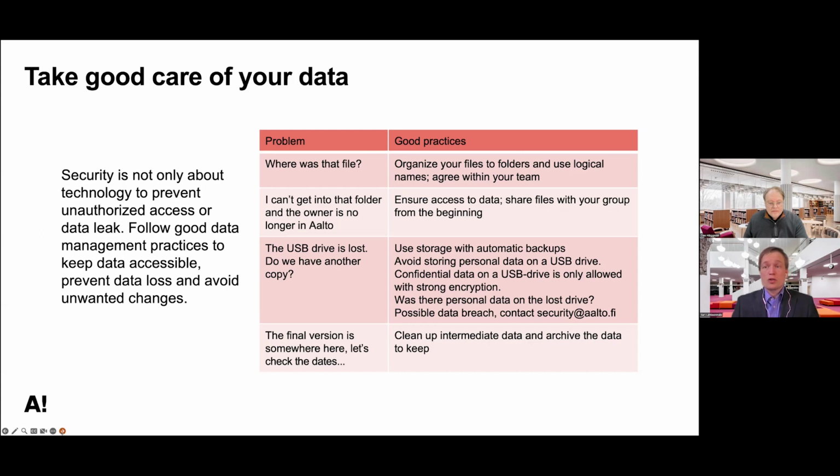So the question is, do we have another copy if we lose the data with the storage drive? So always have automatic backups. Better yet automatic, because if it's only a manual process, there might be long delays when you don't remember to take the backup, and then you might lose many weeks of data.